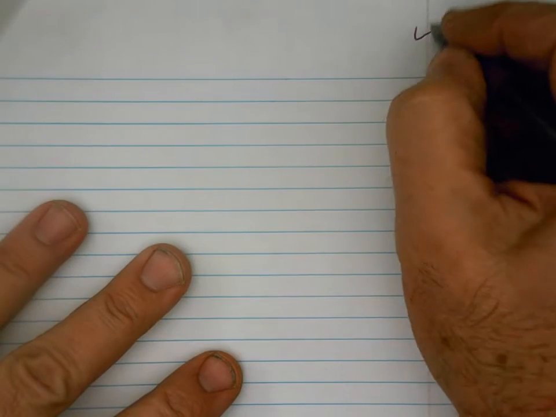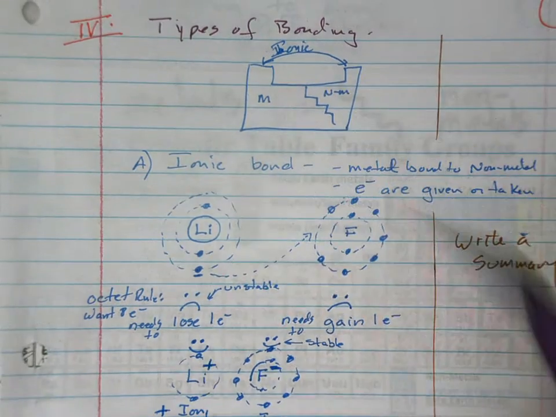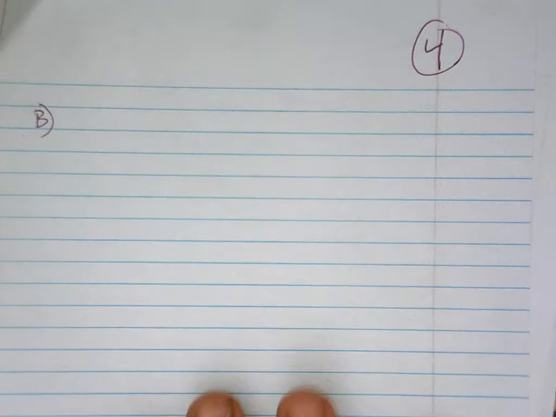So we are going to be on, this is still assignment number 4. It's going to be part B. We had ionic bonding as part A, so now we're going to do part B. So I'm going to put a B here, and it's going to be covalent bonding.